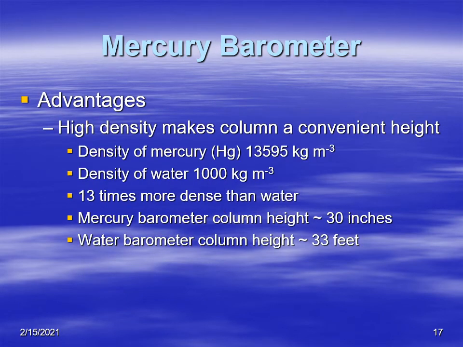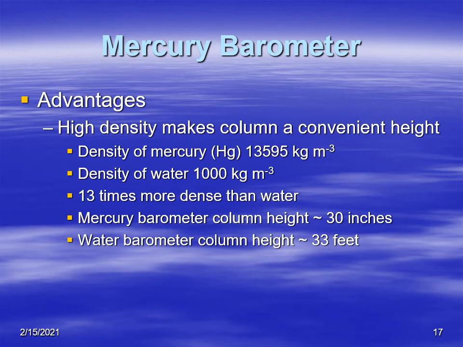The advantages of a mercury barometer are that they make for a very compact barometer, one that you can actually put in a room. The reason is because the density of mercury is very high compared to, for example, the density of water. Density of water is about 1,000 kilograms per meter cubed, which is about 2,200 pounds.